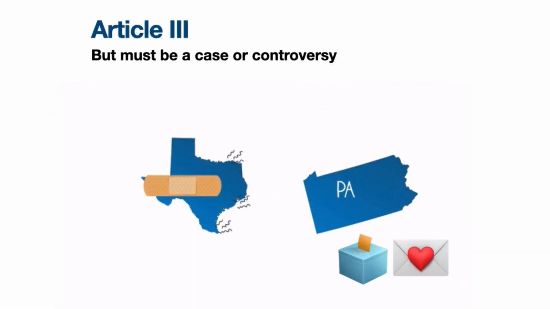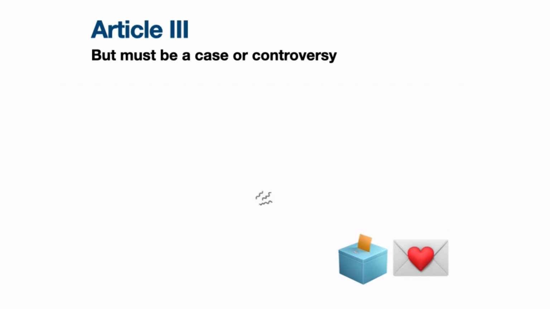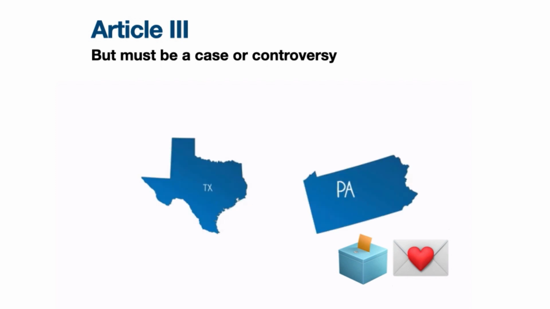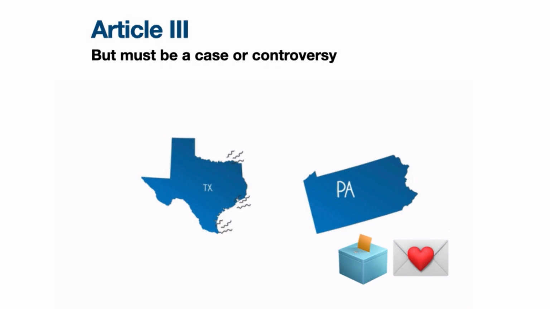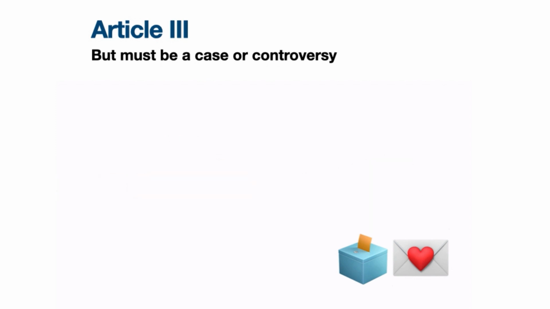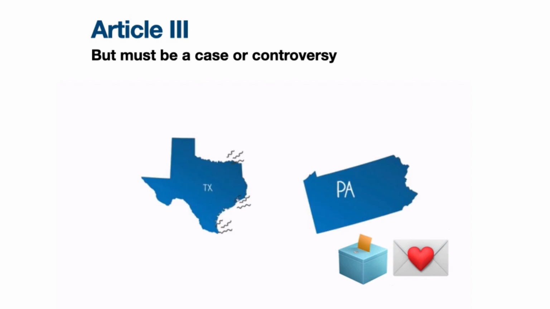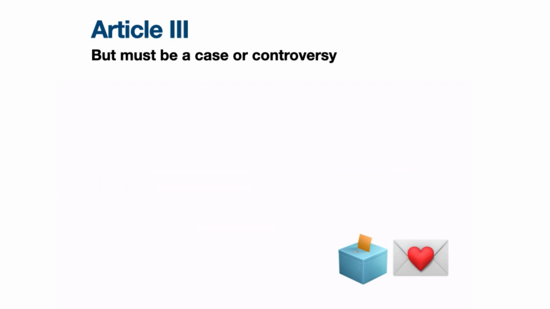To show that there is a case or controversy, Texas would need to show that it suffered an injury because of what Pennsylvania did, and that the Supreme Court would be able to remedy the injury that Texas suffered as a result of what Pennsylvania and these other states allegedly did.